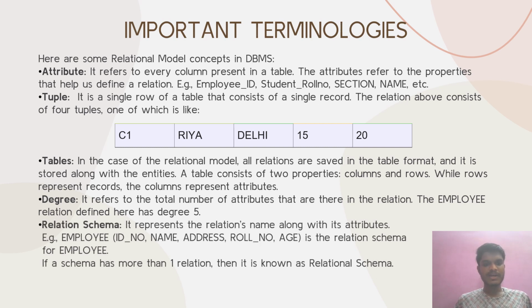Relation schema. It represents the relation's name along with its attributes. Example, employee of ID number, name, address, roll number and age is the relation schema for employee. If a schema has more than one relation, then it is known as a relational schema.